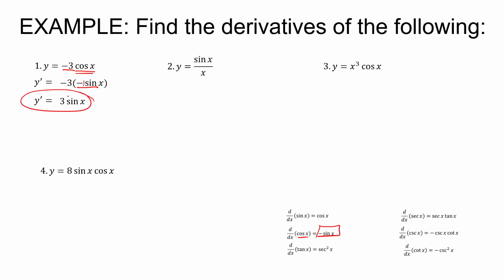Yun na yun. Now, for number 2, if you're going to look at the example, y is equal to sine x over x. Yes, there is a derivative of trigo function at ito yung sine x. Pero naka-over siya sa x. Therefore, this one is a quotient rule function.